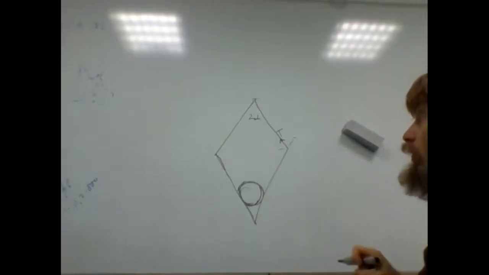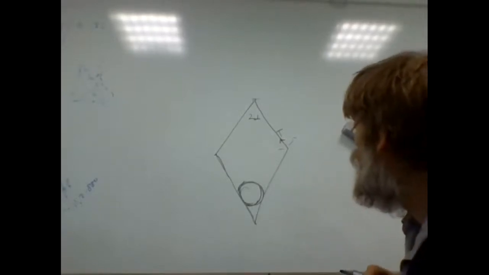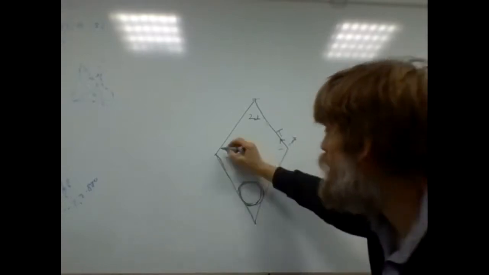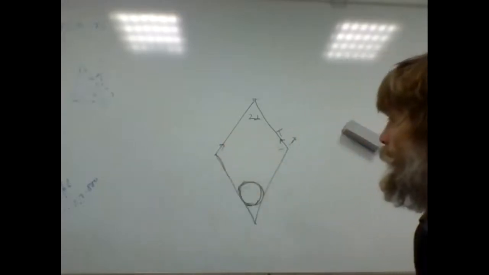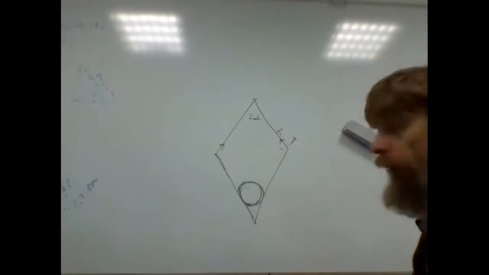You can only stretch the rod and not bend it. So you can stretch it only, and here as well, only stretch. Now, with this rod here, it's a little bit different.